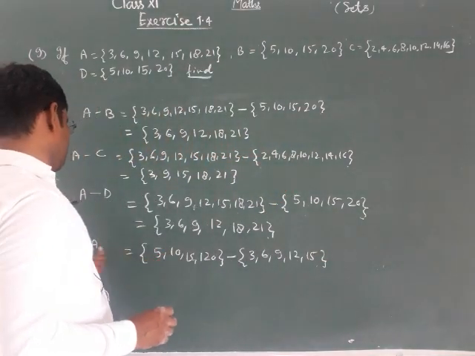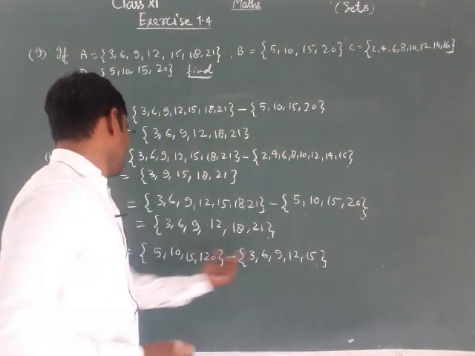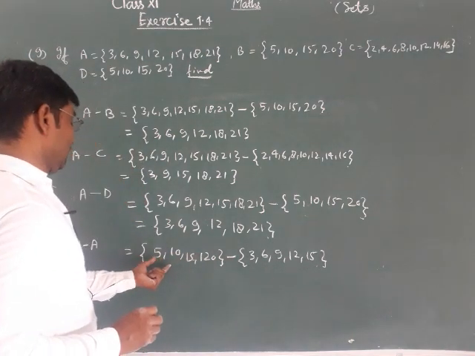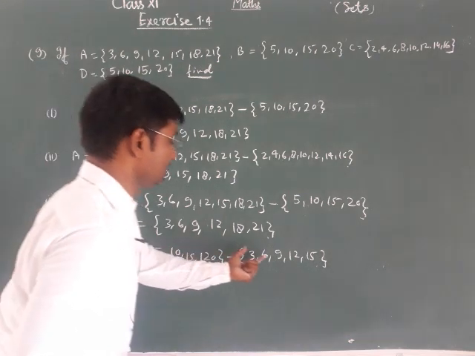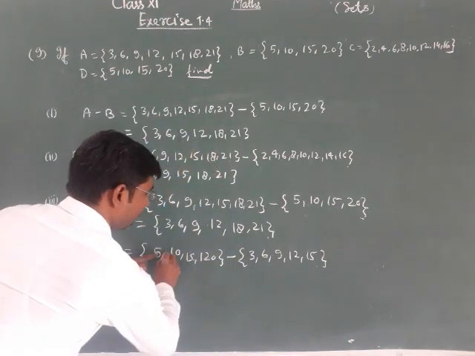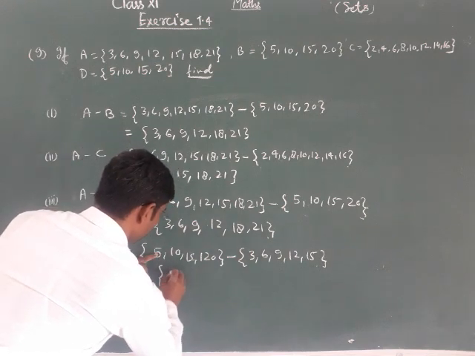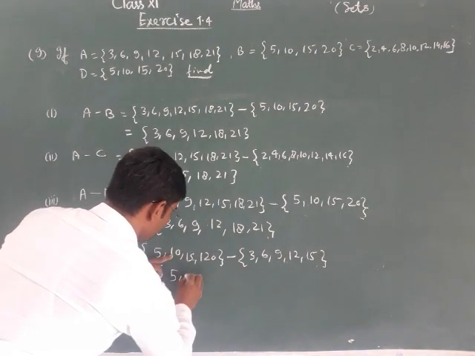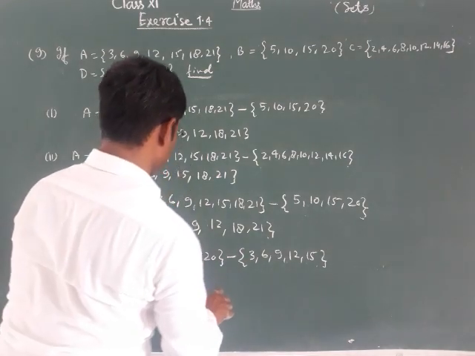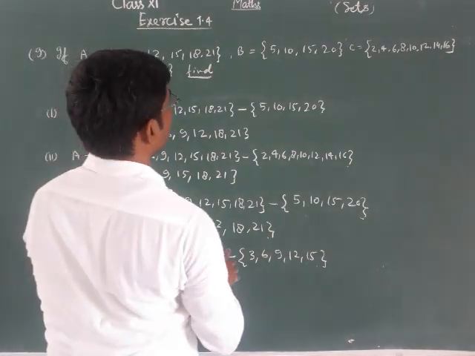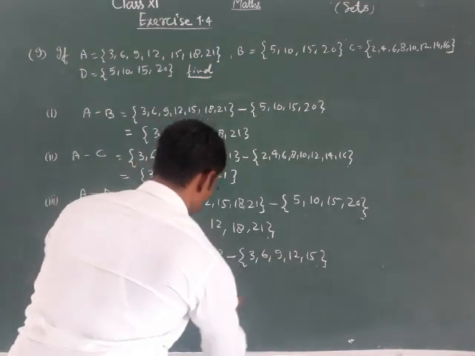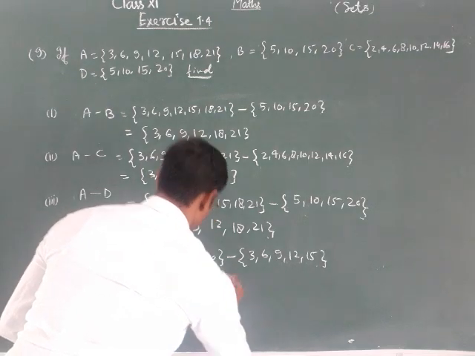So B minus A is the elements of set B not present in set A. 5 is not present in set A, 10 is not present, 15 is common, and 20 is not present. So B minus A is 5, 10, 20.